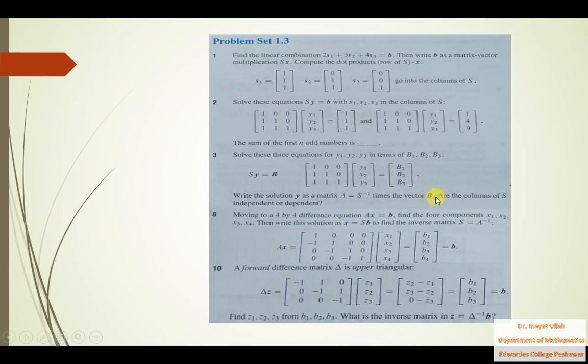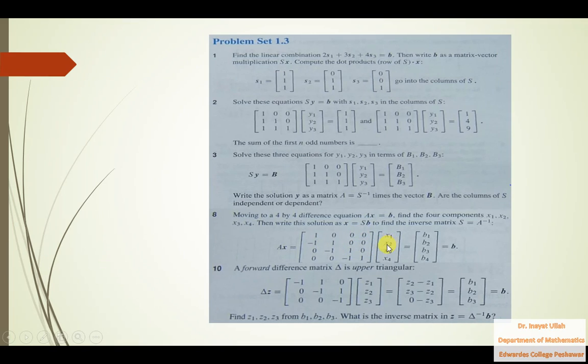So solve it up to here, and the same criteria is extended to a 4 by 4 matrix. For the 4 by 4 difference equation Ax equals b, find the 4 components x1, x2, x3, x4 in the form of b's. Then write this solution as x equals Sb.